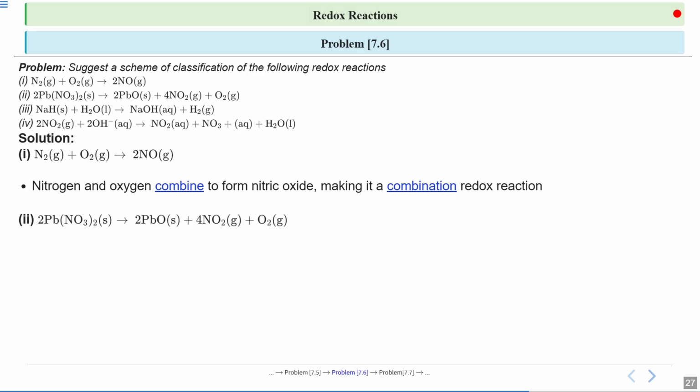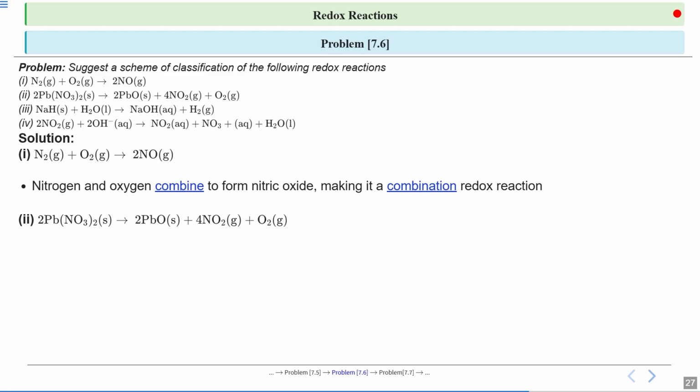If we consider the second reaction, in which lead nitrate is broken down into lead oxide, nitrogen dioxide and oxygen, there is only one reactant present in the chemical reaction, and this reaction has 3 different products. Hence, which type of reaction can we consider this to be?